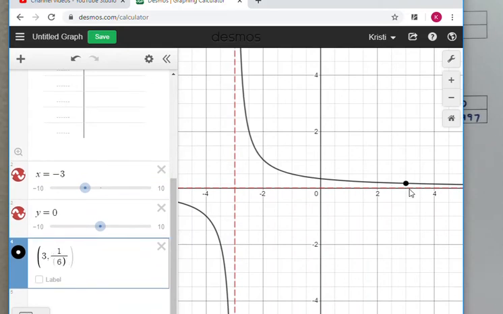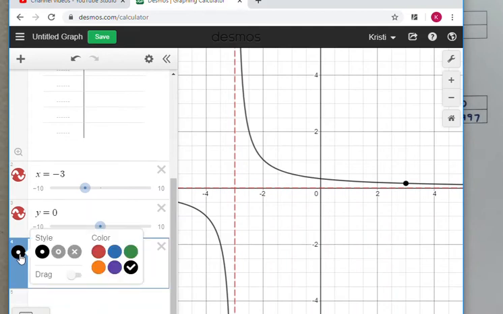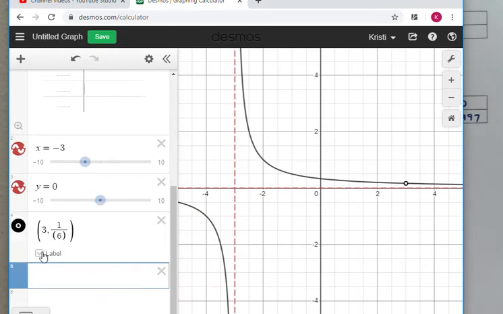And there it is. I can put a little hole in it with the style. I can even have Desmos label it for me. It'll label it with the decimal form, but there it is.